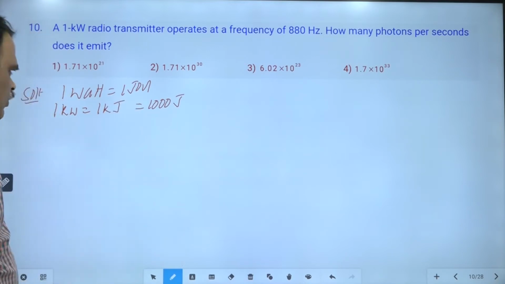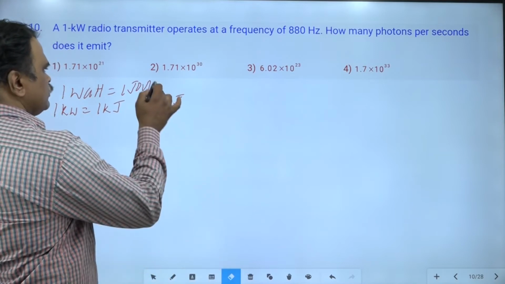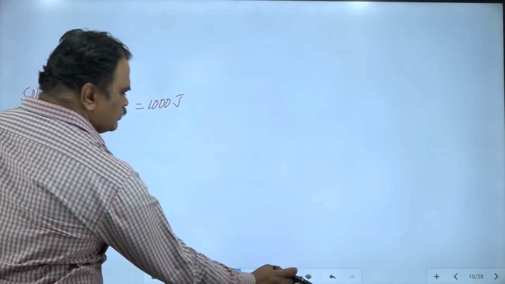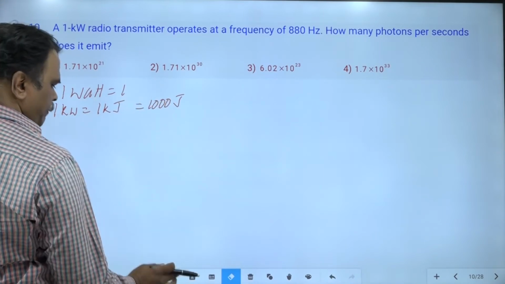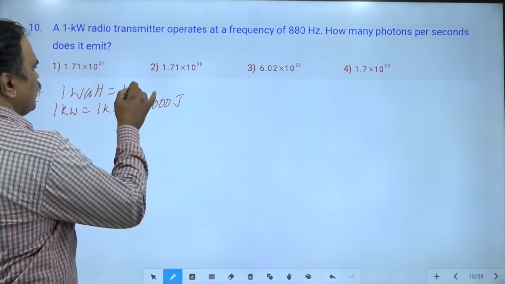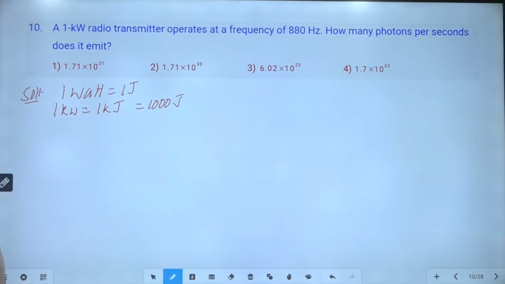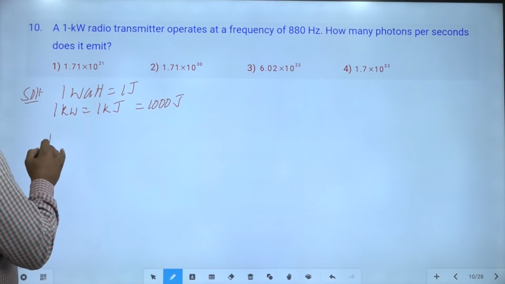One watt is nothing but 1 joule. 1 kilowatt equal to 1 kilojoule, that is equal to 1000 joules.